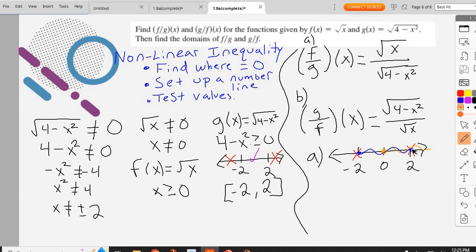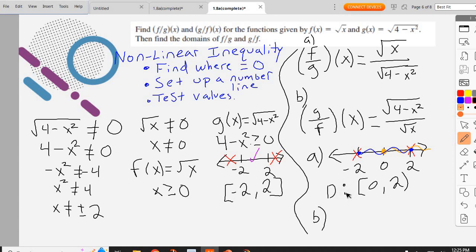For our blue graph, we've cut off everything that's after 2. And so we have to be between 0 and 2. Can we equal 0? Yes. Can we equal 2? No. So we would have a hard bracket on 0 and a parentheses on 2. And that would be your domain for that first one.